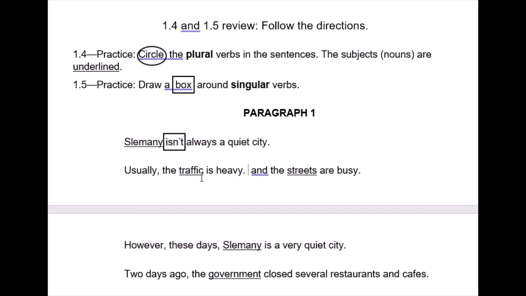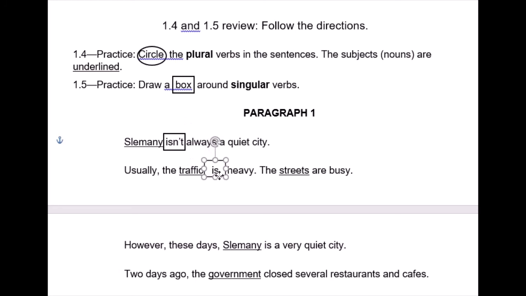I'll make it a simple sentence. I'm going to take away the word and, so now I have two simple sentences. Usually the traffic is heavy. So the traffic, what part of the sentence? It's the subject. Is it singular or plural? It's singular. So the singular verb is.